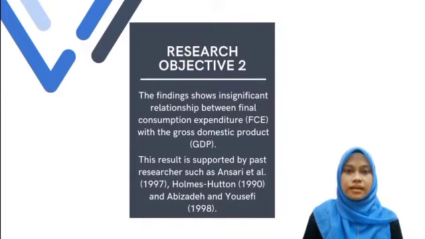In the meantime, there is also evidence from other studies by researchers Abizadeh and Yusefi in 1998, using a Granger-type causality test to identify the relationship between FCE and GDP.